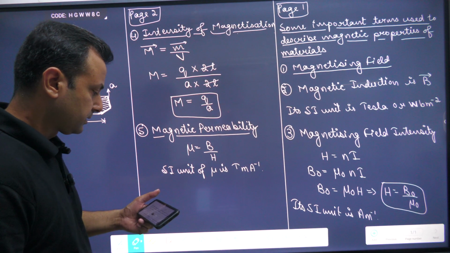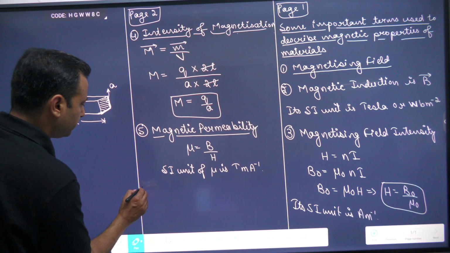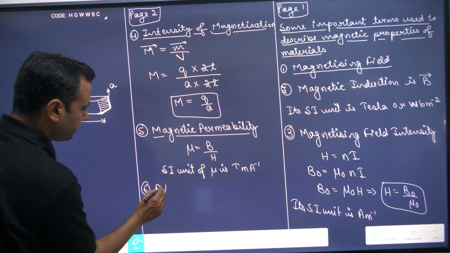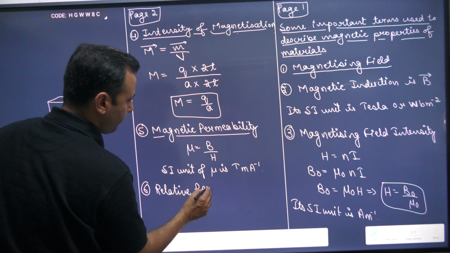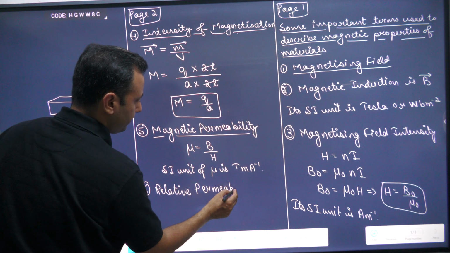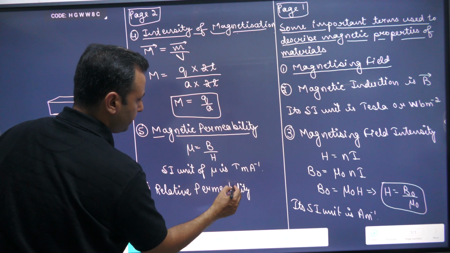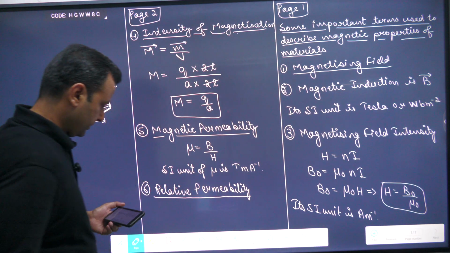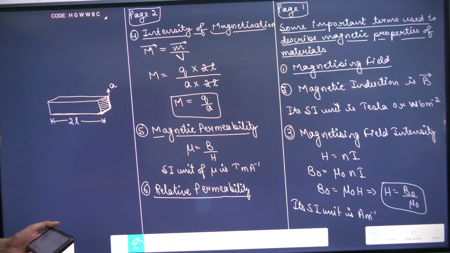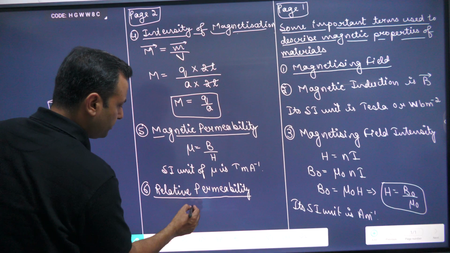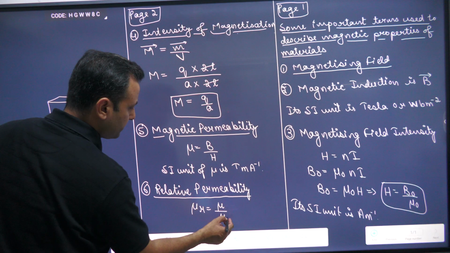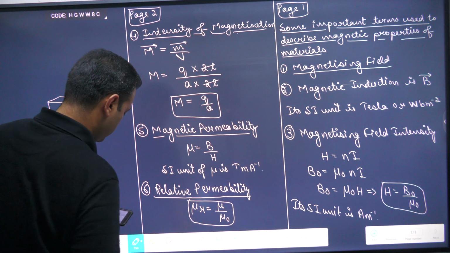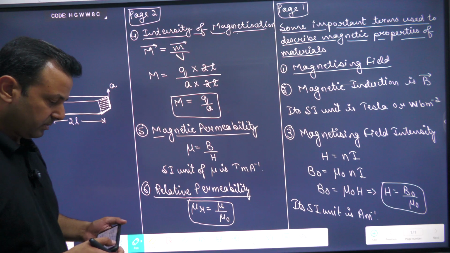Now, the sixth term is relative permeability. It is defined as the ratio of the permeability of the medium to the permeability of free space. So mu r is equal to mu upon mu naught. This is called relative permeability.